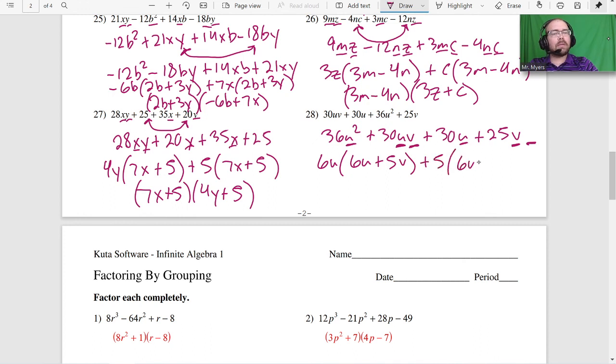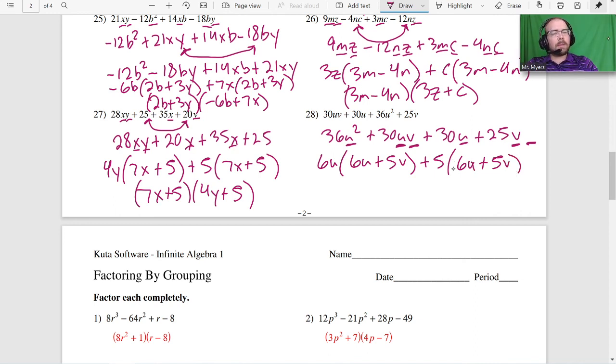It's gonna be a perfect square. Okay, so 6v, and then plus 5. Yeah. Wait. No. Wait, what am I doing? 6u plus 5v. There we go. Yeah. Okay, cool.